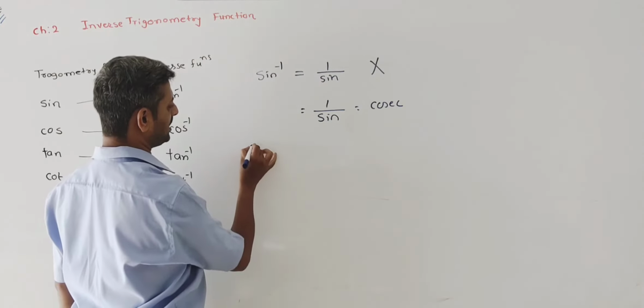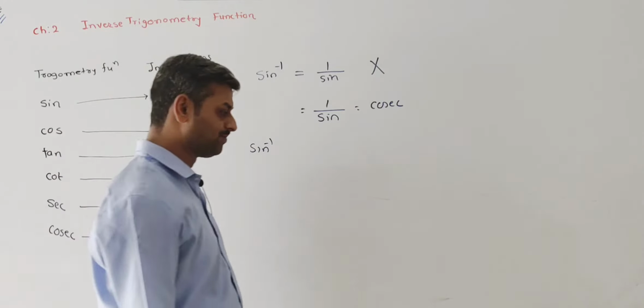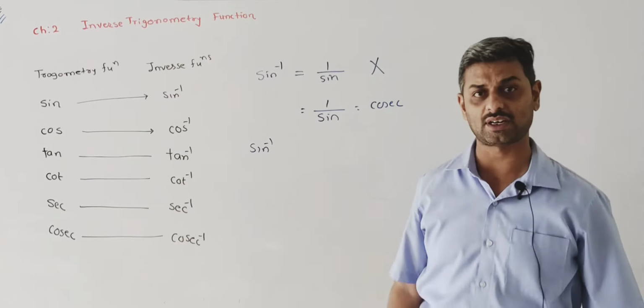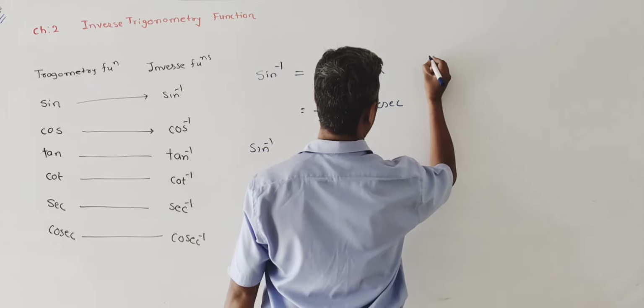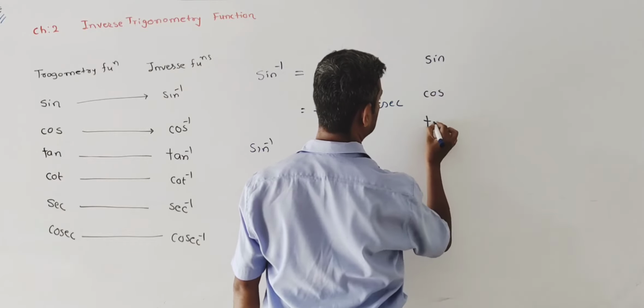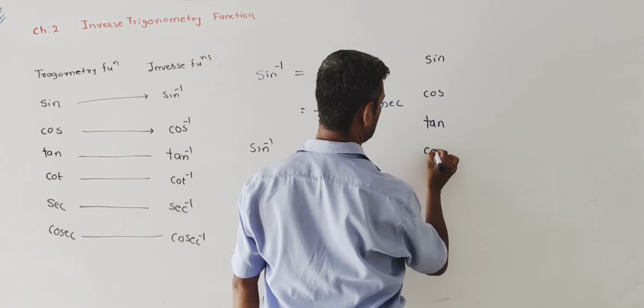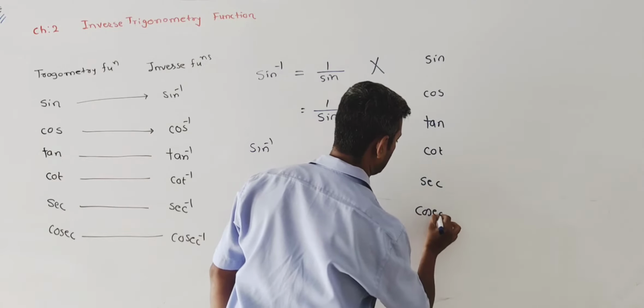Then what is sine inverse? For that we have to go to the 10th or 11th standard and look at the table we have used. First sine, cos, tan, cot, sec and cosec.